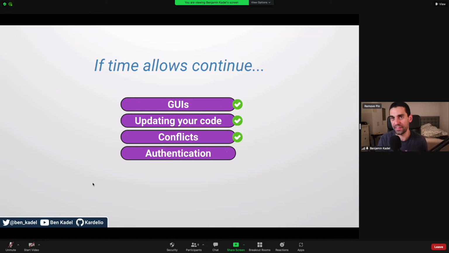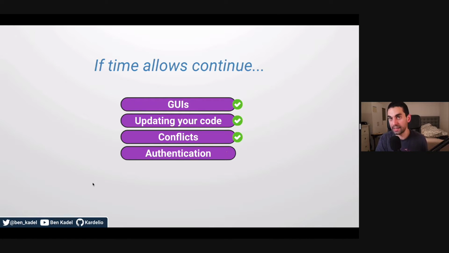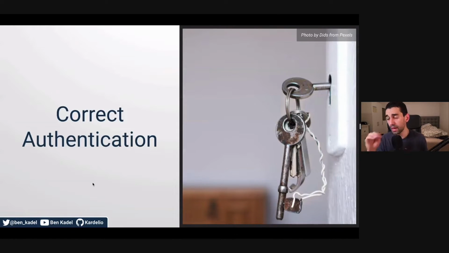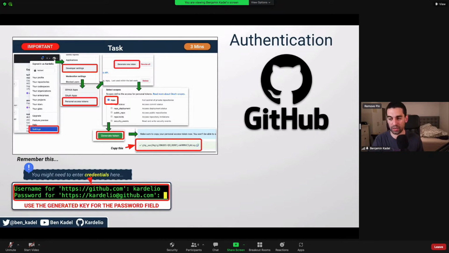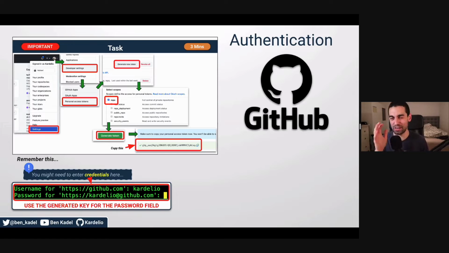Let's talk about authentication, which is really highly important. The correct way of doing authentication, because we have not been doing it correctly so far, apart from Dave. Dave has. Correct authentication. What am I talking about? Remember last session, we did this chaotic thing of creating a personal access token so that we could push up to our GitHub repository.